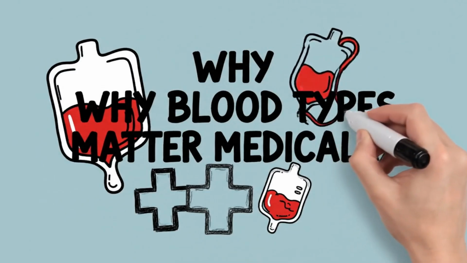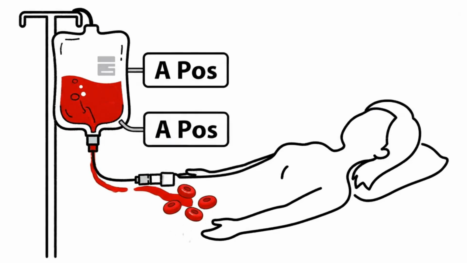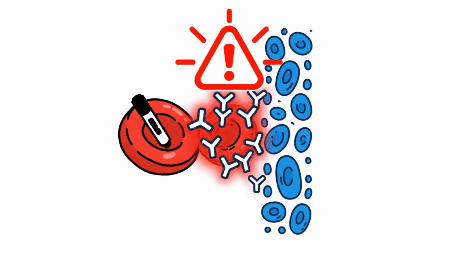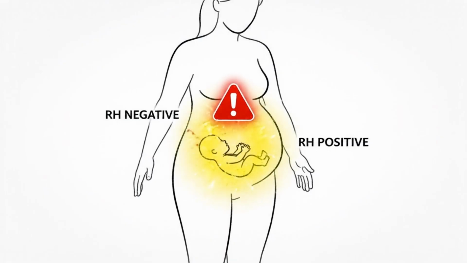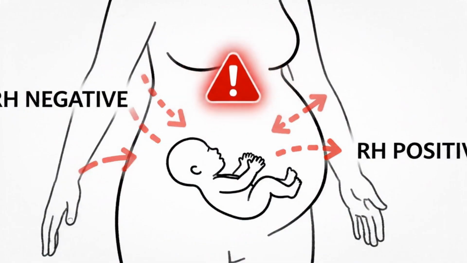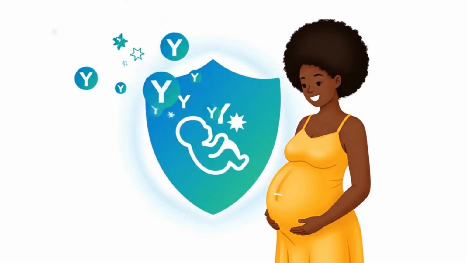Blood types matter medically in several important ways. First, blood transfusions. Receiving incompatible blood can cause a severe immune reaction that can be life-threatening. This is why blood is carefully typed and matched before any transfusion takes place. Second, pregnancy compatibility. Rh incompatibility can lead to complications if not managed correctly, though modern treatments have made this largely preventable.